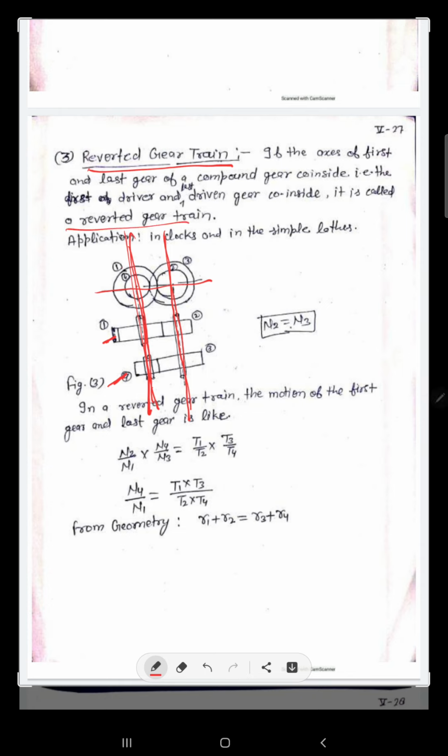So this is a particular picture of a reverted gear train. As you can see, another feature: gear number 2 and gear number 3 are mounted on the same shaft, that's why we can write here N2 is equal to N3.